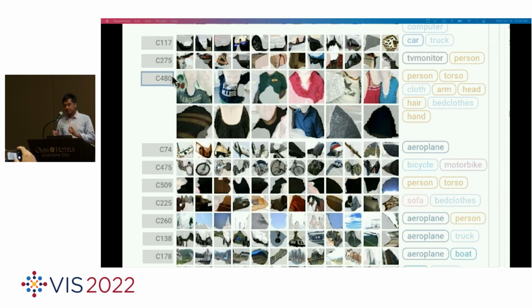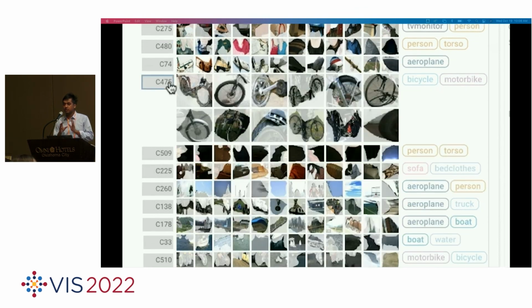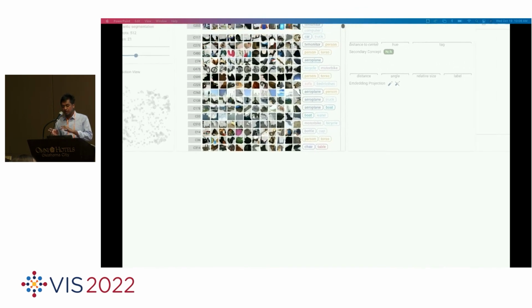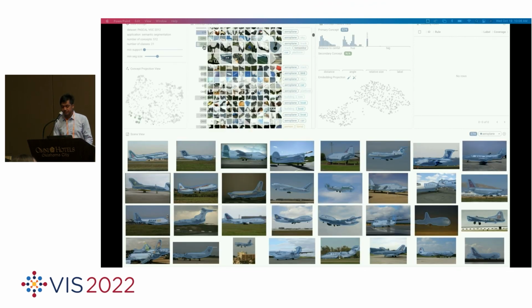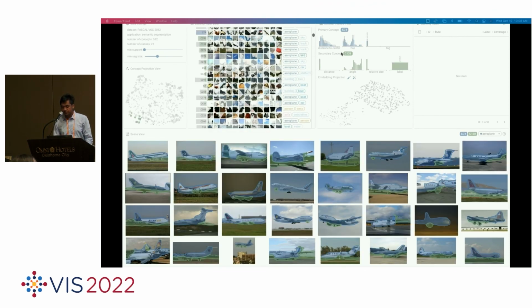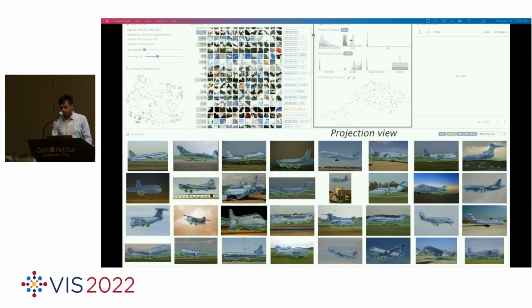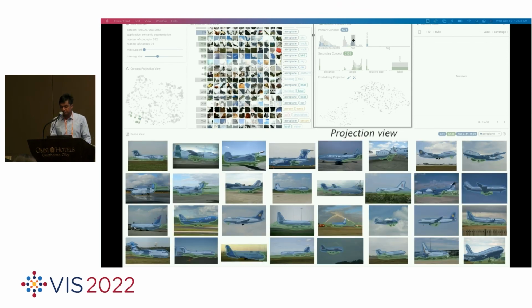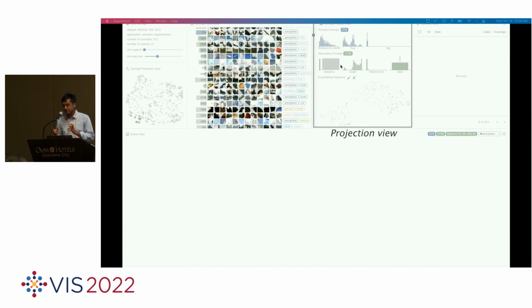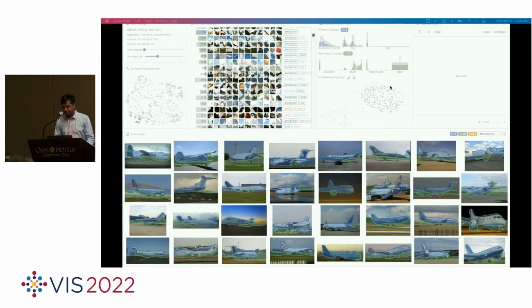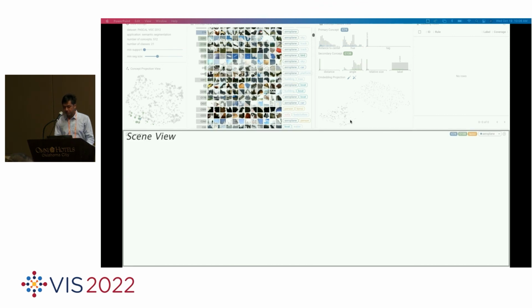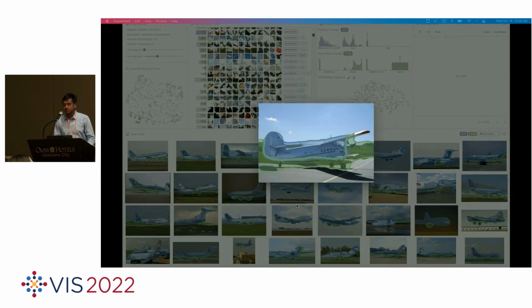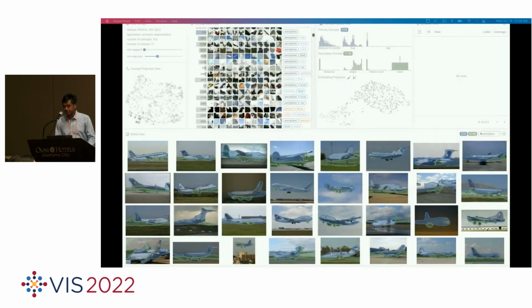The two views are synced, meaning interaction with one concept in one view will highlight the concept in the other view. We use the concept feature view to program the visual concept with additional features such as object size, object color, relative position, and so on. The scene view retrieves and visualizes images that match a labeling function for verification.